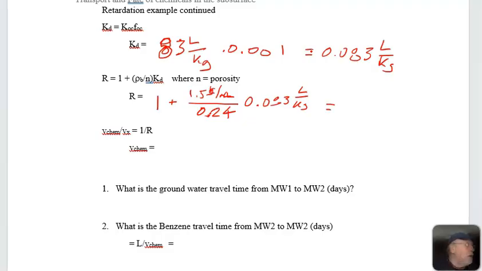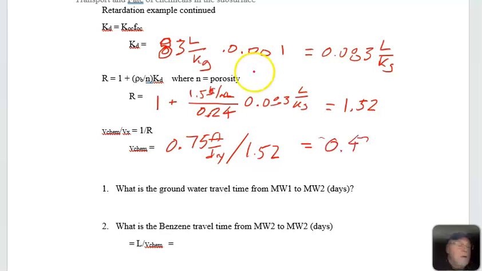And that equals 1.52, and that's dimensionless. So the velocity of the chemical, which was 0.75 feet per day just from Darcy's law, is now slower than that, divided by 1.52. So it's going 0.49 feet per day.